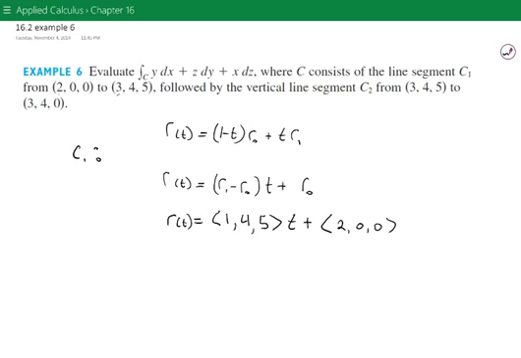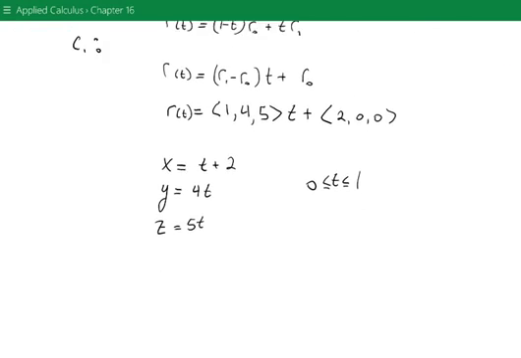And that'll give us all of our equations really quickly. So we can see that x is equal to t plus 2, y is equal to 4t plus 0, and z is equal to 5t plus 0. And again, t would go from 0 to 1. So those are our equations.